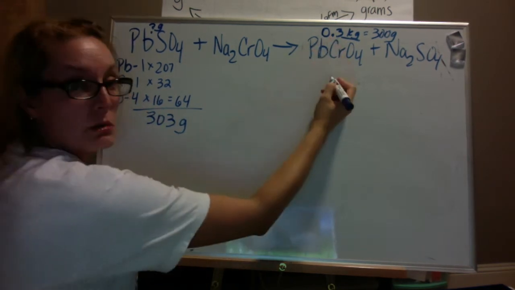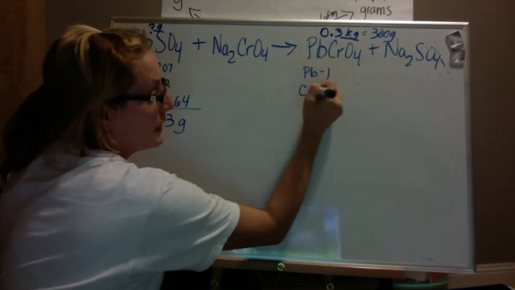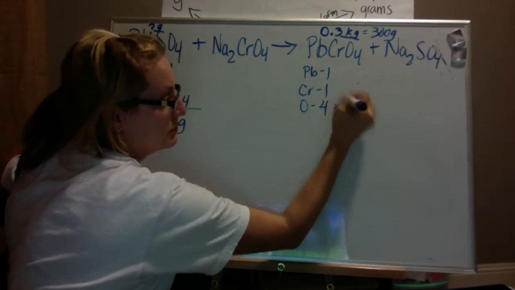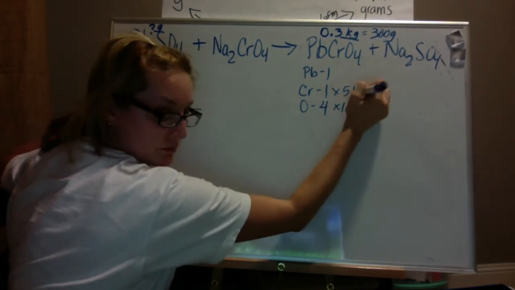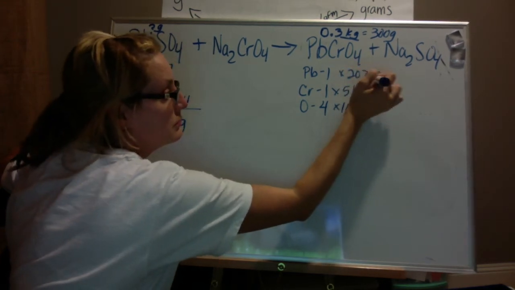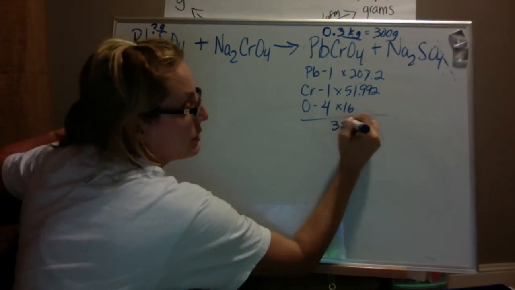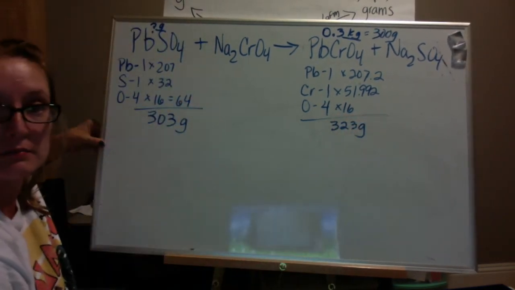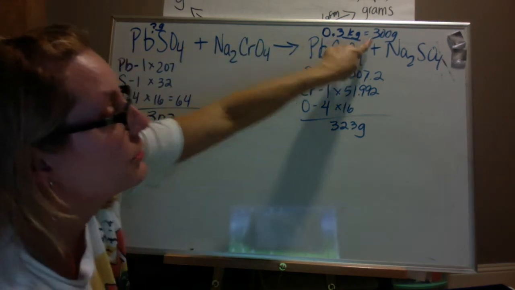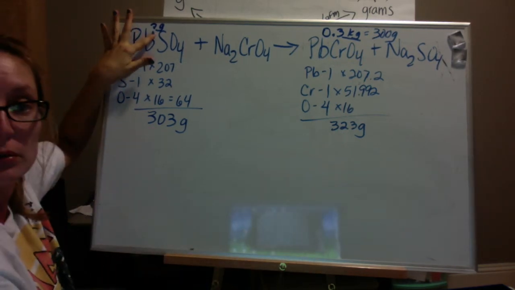I have to find the gram formula mass of this as well. 1 Pb, 1 Cr, 4 O's. When I add all that up, I get 323 grams. Okay, so now I've found all of the information I'm going to need. My given amount, my 2 gram formula masses, and this is what I'm looking for, right?